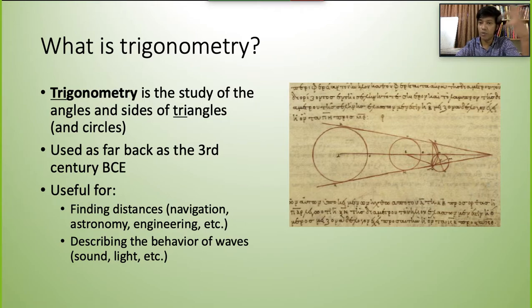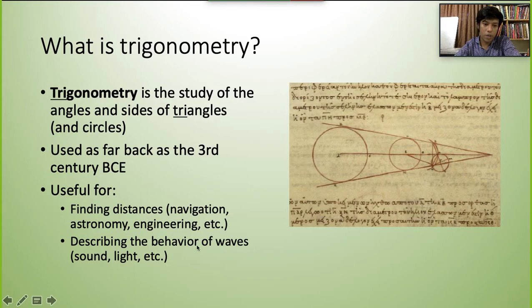They tried to do calculations related to the relative position of those bright objects in the sky. Then these calculations started evolving, and now we have a much more developed version of it. This is a picture where the relative positions of the sun, earth, and moon are given.